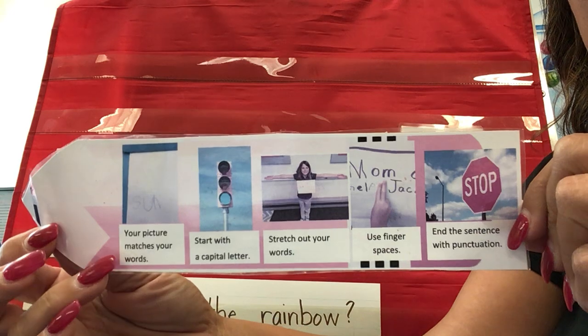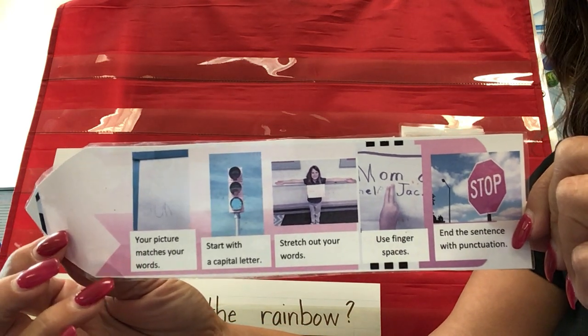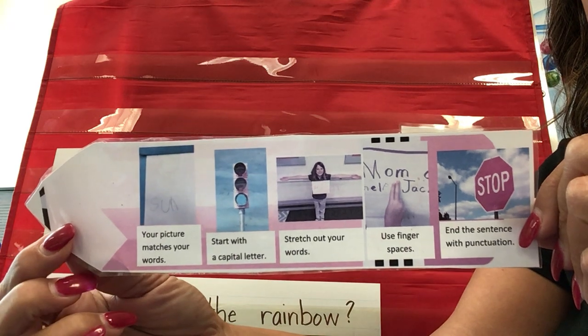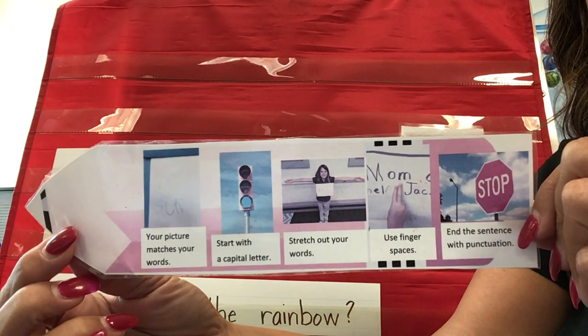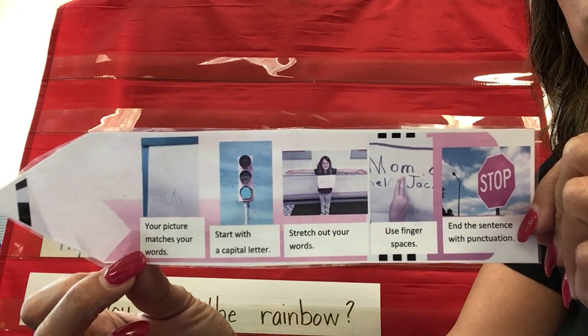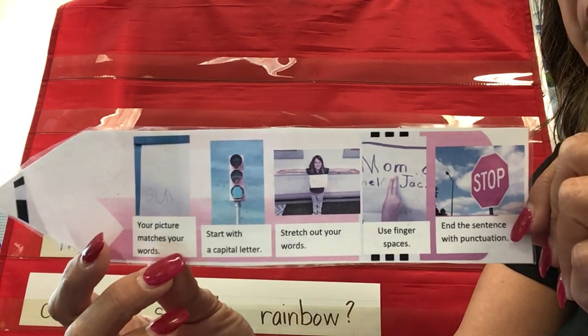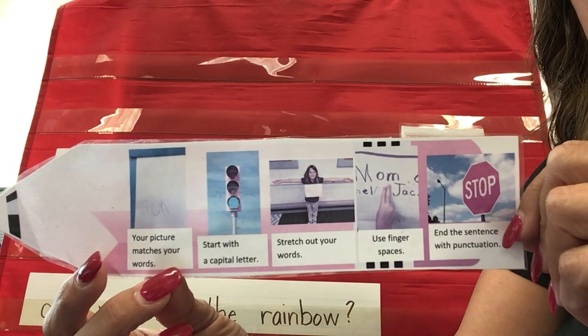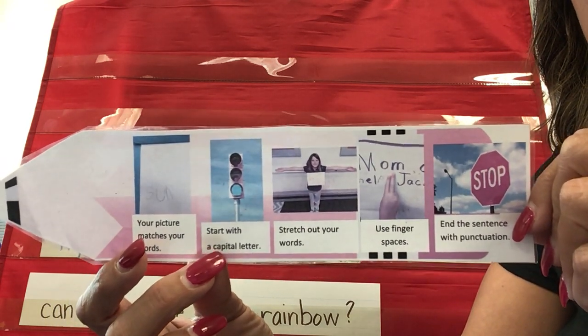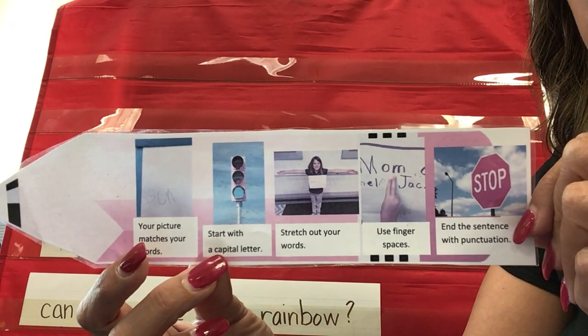It's called the pencil rubric or writing rubric, and it helps us remember what good writing looks like, what good writers do. The first one we talked about yesterday, your pictures match your words. So if we draw a picture of a boy and girl playing ball, that's what our sentence should have in it. We also had start with a capital letter.